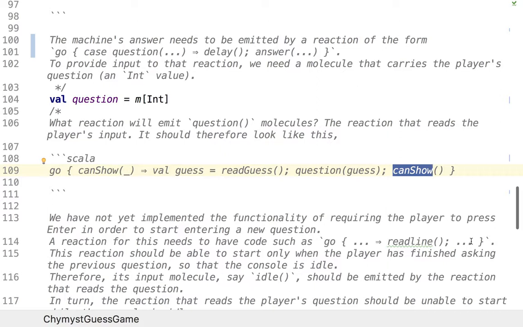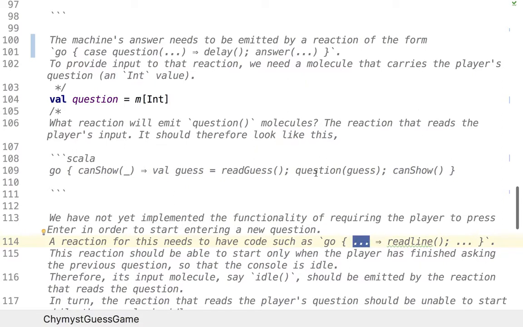Now, when would that reaction start? So we don't know what molecules it consumes. In order to figure that out, we need to understand when we want this reaction to start. Well, only when the player has finished asking the previous question, and the console is idle. So, therefore, the previous reaction that finished reading the player's question should emit some molecule that goes here as input.